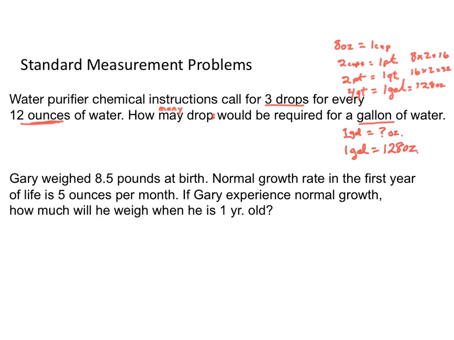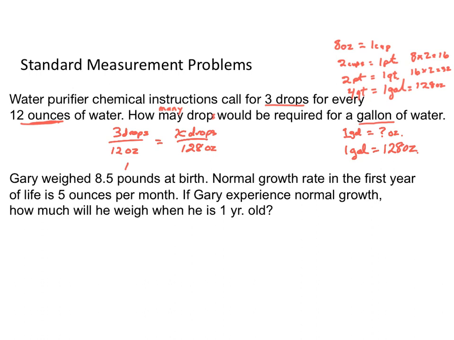Okay, so now we need 3 drops. See, our units have to match: 3 drops for 12 ounces of water, and that's how many drops for 128 ounces of water. That 128 ounces is our gallon. So now we could cross multiply and solve that.